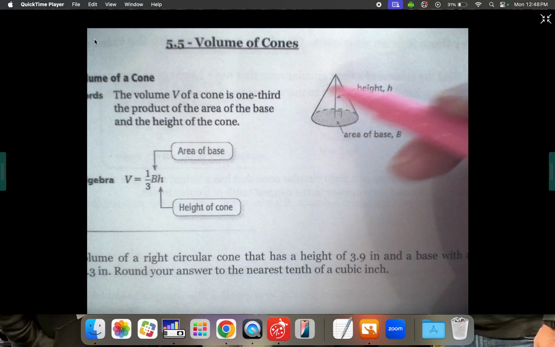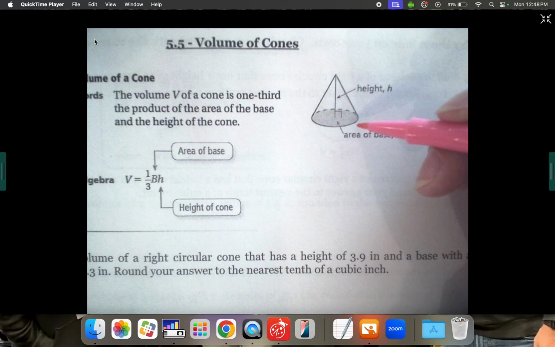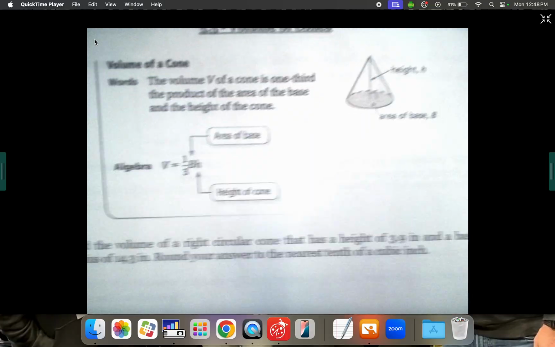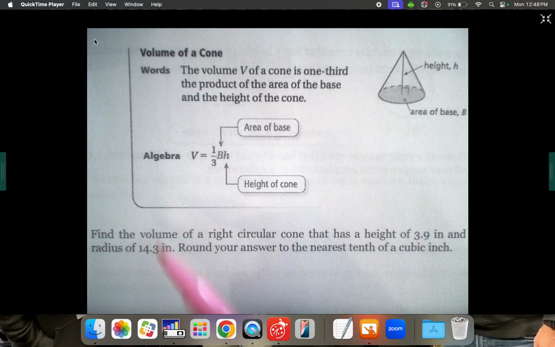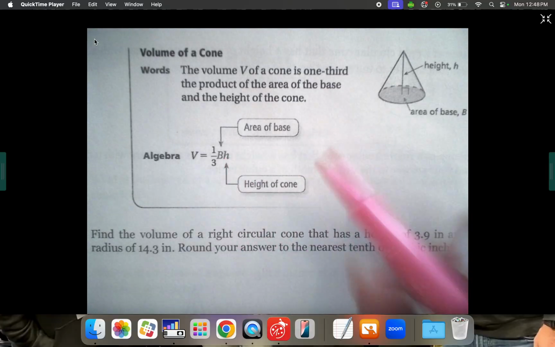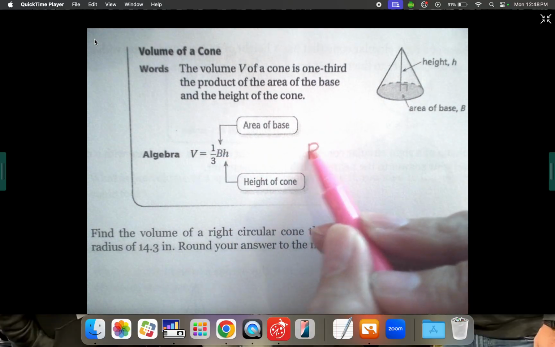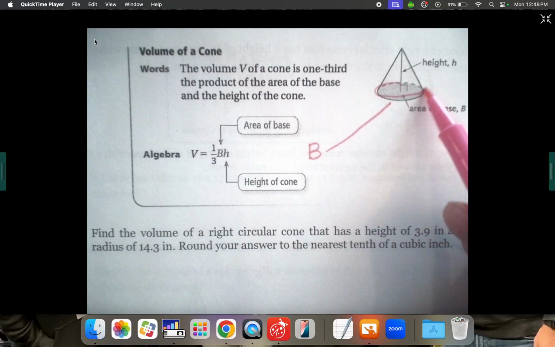You'll remember that when we're looking for volume, we're looking for the area inside that's filled up inside this cone. For that, it's still the same one as the volume of a pyramid: 1/3 base times height. This time though, the base, that capital B, is actually in the shape of a circle.